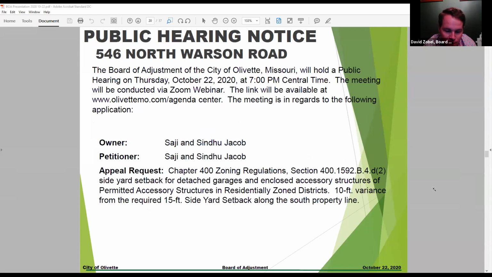Code section is section 400.1592.B.4.D(2), side yard setback for detached garages and enclosed accessory structures of permitted accessory structures in residentially zoned districts, being part of Article 16, accessory structures and uses, Chapter 400, zoning regulations of Title 4, land use of the Olivet Municipal Code.